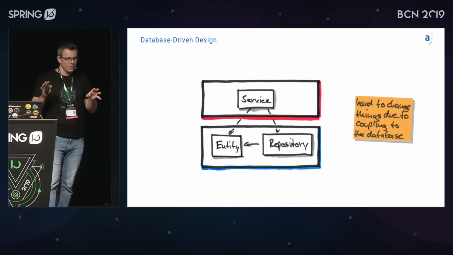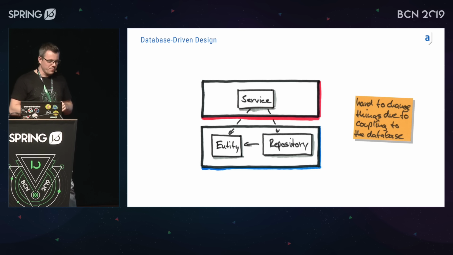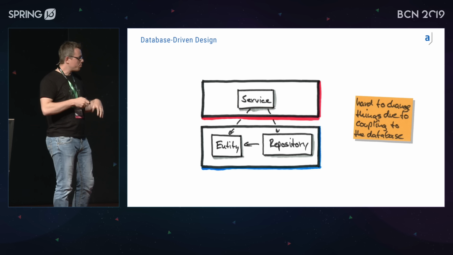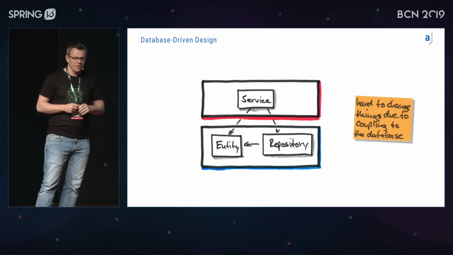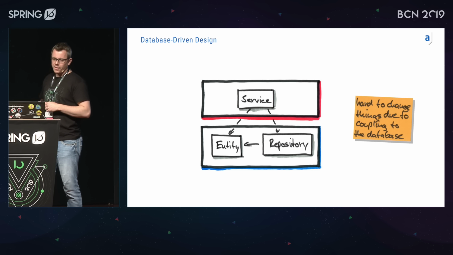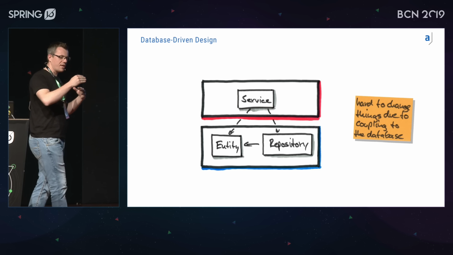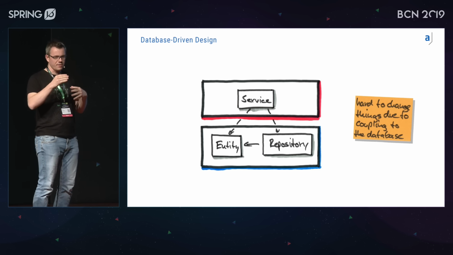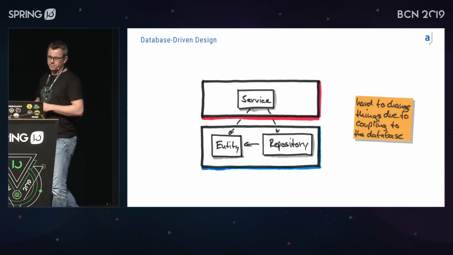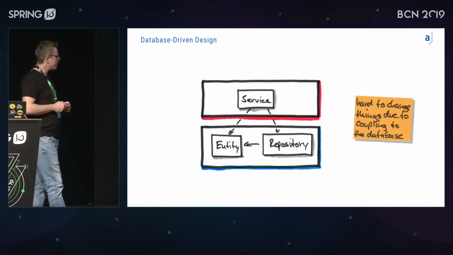I like JPA very much. I like to use it very much. But in my experience, we're actually solving problems in our domain layer that should be solved in the persistence layer. So this couples our domain logic to the persistence layer before the database.